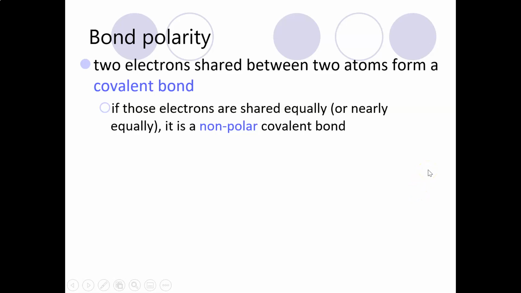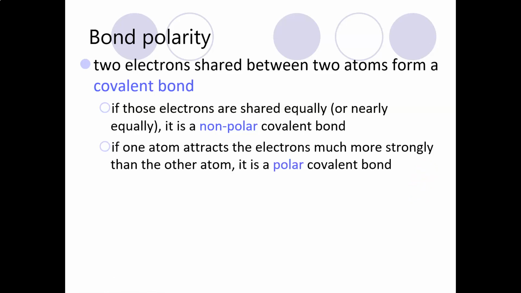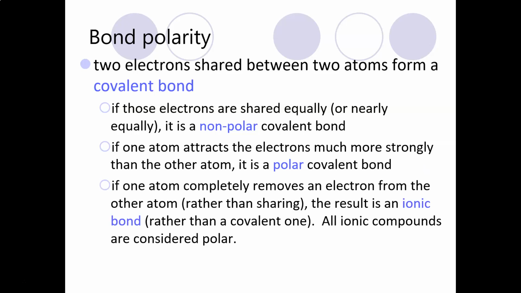We're not going to go with that idea. If one atom has a stronger attraction to the electrons, you're going to get a polar covalent bond. And as a result, you wind up with a polar bond.